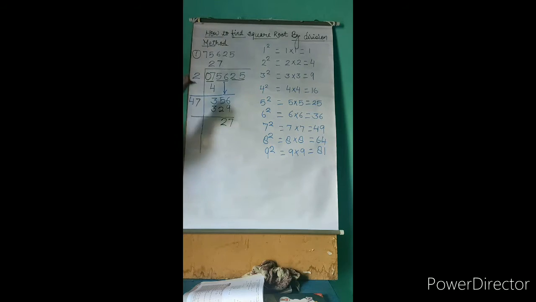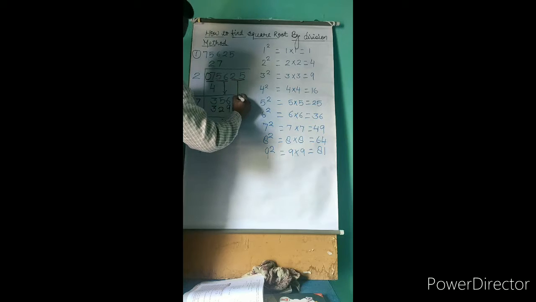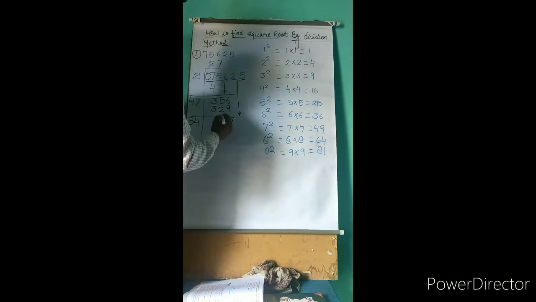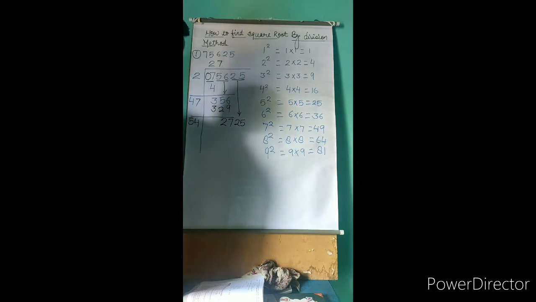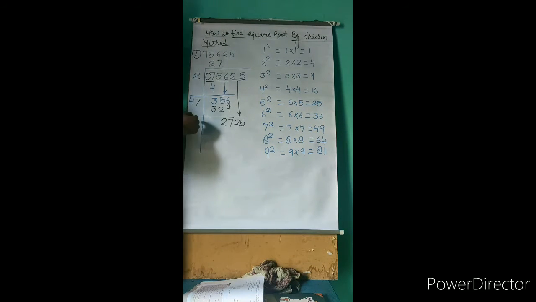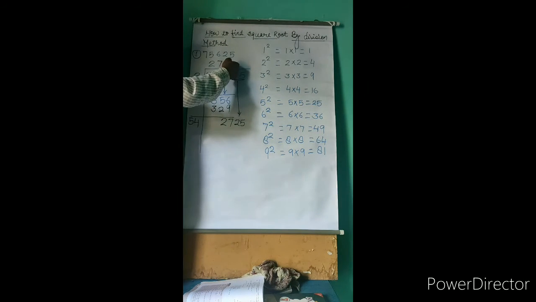Next step, this 7 will be added to 47. 7 plus 47 gives you 7 plus 7, 14, 1 carry, 5, 54. Now you bring this pair down, 25. Now you need to find a digit which you place after 4 and also write upside, so that you multiply this 3-digit number with that digit.